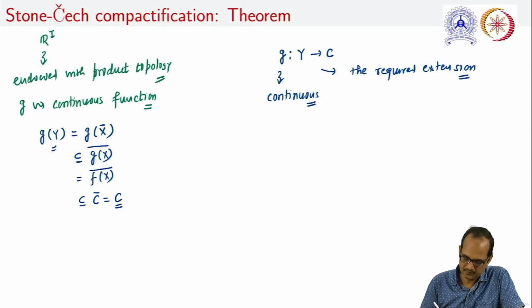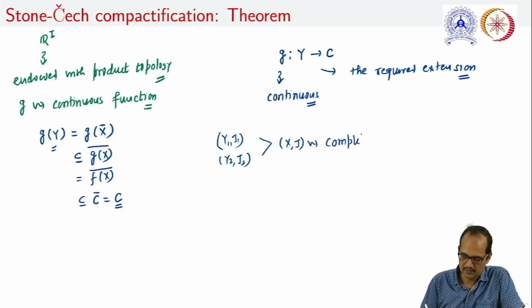Moving ahead, suppose we take two such compactifications, Y1, tau 1 and Y2, tau 2, of a completely regular topological space X, tau.